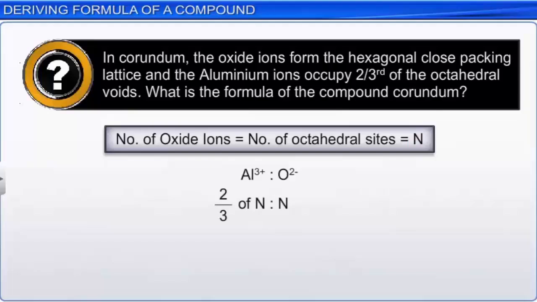This implies that the ratio of aluminium ions to the oxide ions in the lattice is 2/3:1. Thus, the whole number ratio of aluminium ions to the oxide ions is 2:3. The formula of corundum therefore becomes Al2O3.